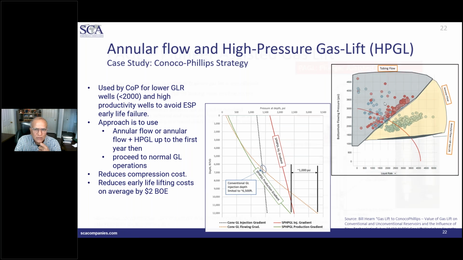Okay. The main takeaway is that because of this, they are not only able to reduce the compression costs, but they are also reducing early life lifting costs by almost $2 barrel of oil equivalent, right? Which can be significant when the pricing environment gets constrained, right?